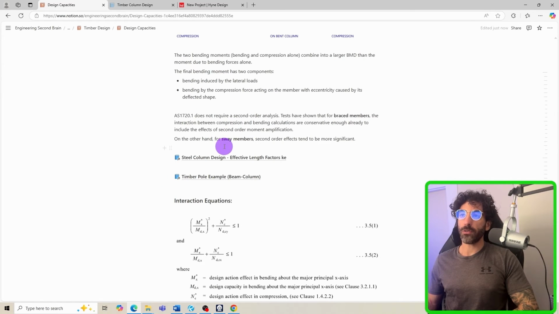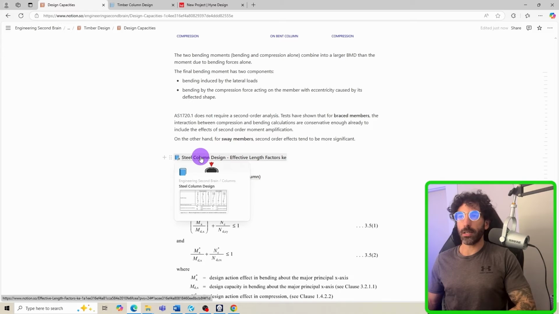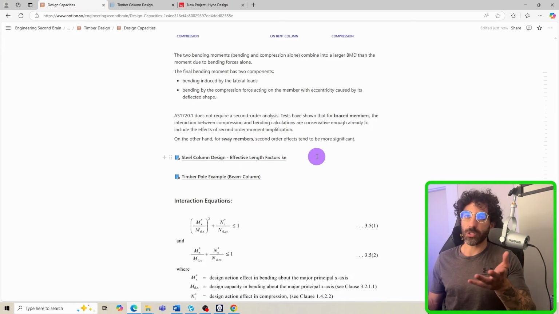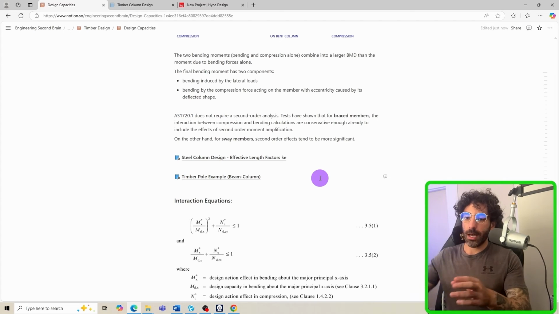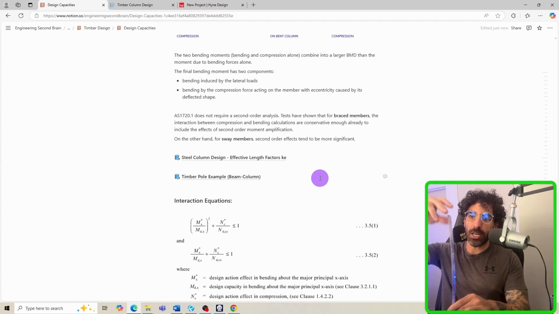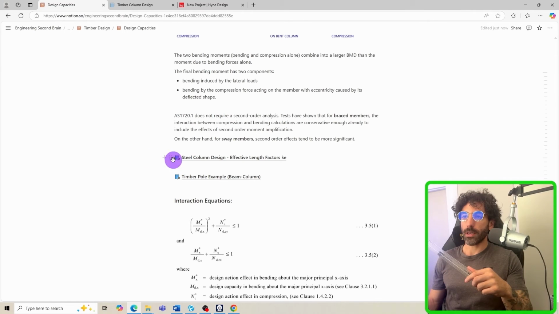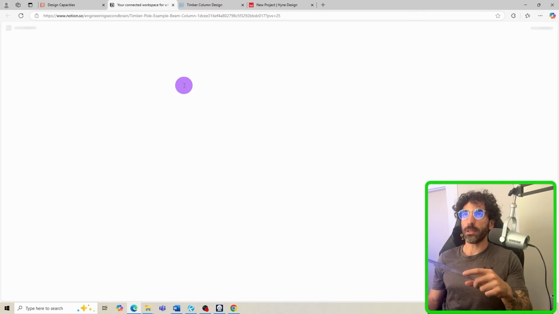So if you scroll down, there's a link for the steel column design where we talk about the effective length factors KE. And here is where I explain what a braced frame is or what a sway frame is. And right below there's a timber pole example, and we call it a beam column because a column that is subjected to compression and bending moment at the same time, we call it beam column. If we click at this timber pole example, let me just open in a new tab.